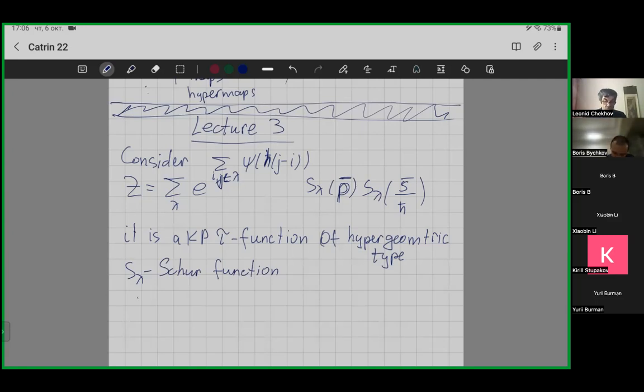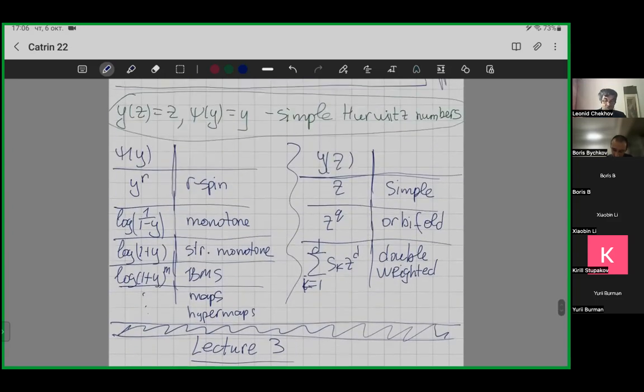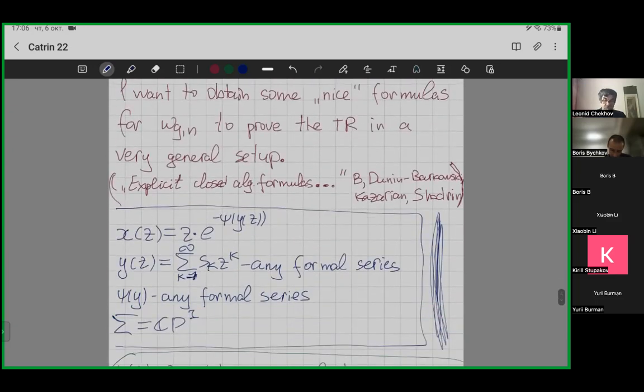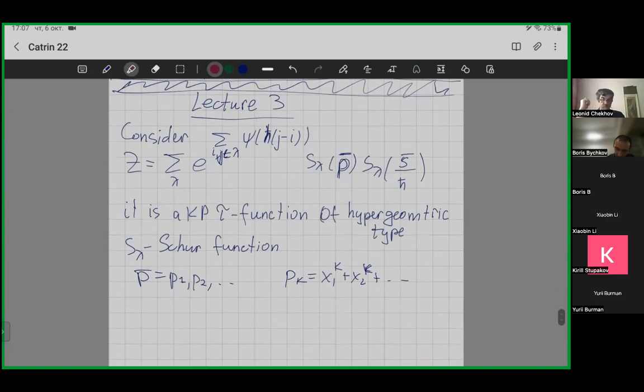So p k is x1 to the power k plus x2 to the power k plus etc. And here this psi is again the psi from the definition from here. It's any formal power series. And here we sum over all contents of the partition lambda.